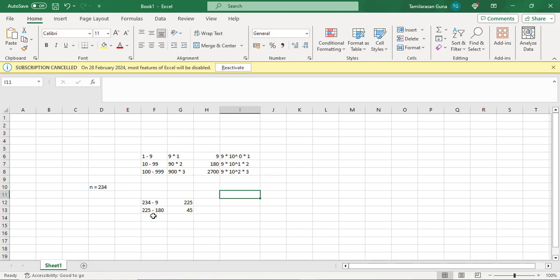Now repeat the process. 45, and I'm finding 3-digit numbers. So here we have 2700 digits for 3-digit numbers alone. So I'll be subtracting from the number 45. I'll be getting a value as minus 2655, which is a negative number.